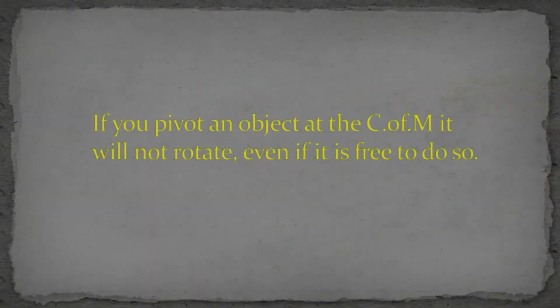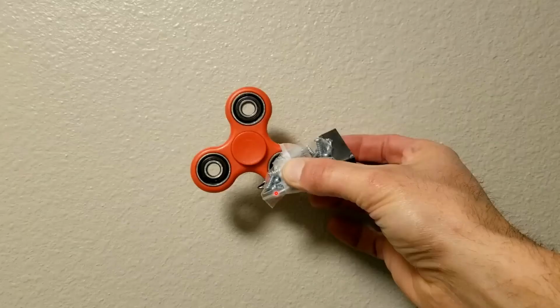Let's look at another observation. If you pivot an object at the center of mass, it will not rotate, even if it is free to do so. Let's go with the fidget spinner again. So this is the location I pointed out that I thought the center of mass was. So I'm just lightly holding it at that point. It should be able to move if it wanted to. I'm just barely holding it, just enough to keep it up.